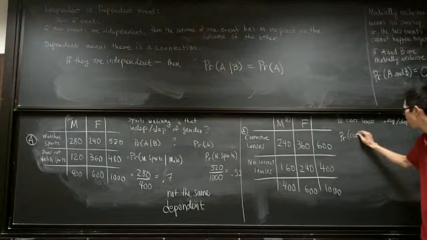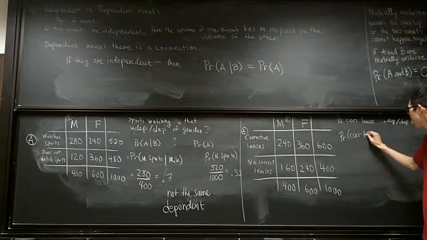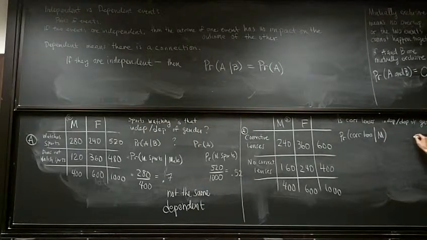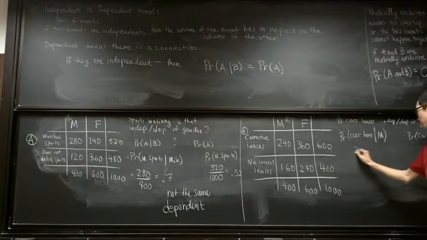So this is probability of corrective lenses given male. And is that equal to the probability of corrective lenses? What's the probability of corrective lenses given male? 240 over 400, great.